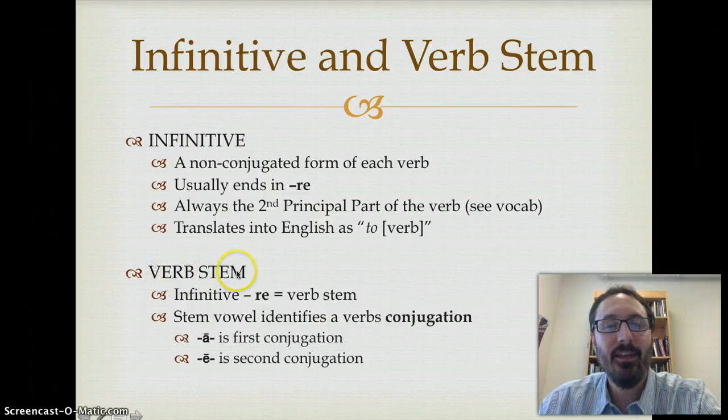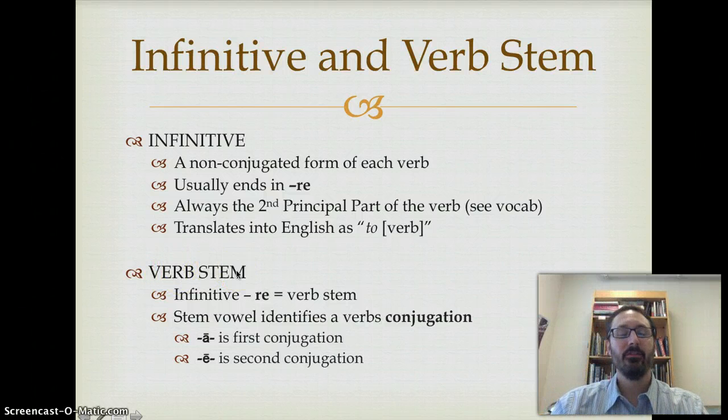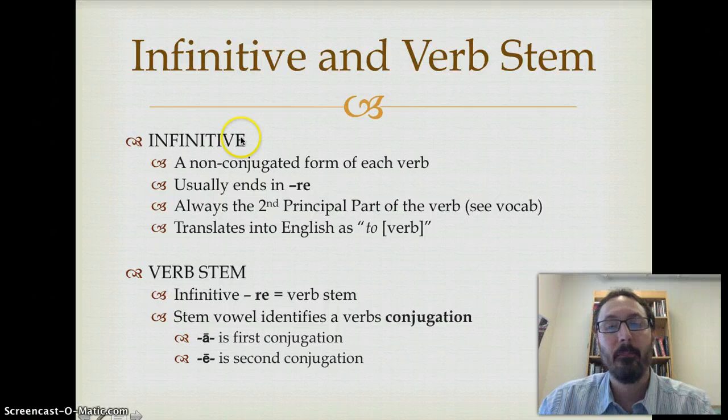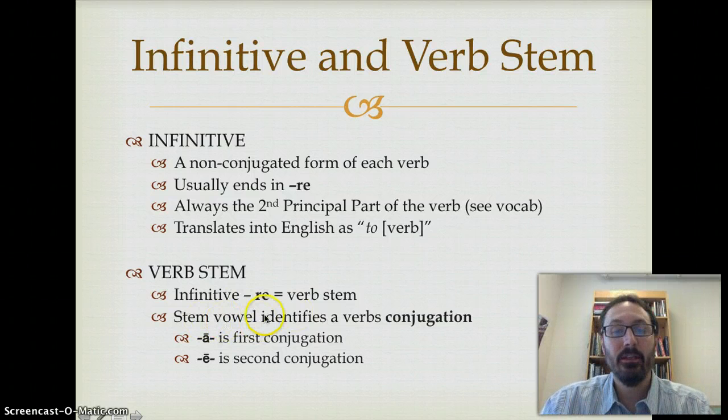The verb stem of a verb in Latin is equal to that infinitive minus the re. So if you go to the second principal part of the verb, the second principal part of the verb is the infinitive. If you take off the re, you're left with the verb stem. And that stem vowel, which is the last vowel in the stem, identifies a verb's conjugation.